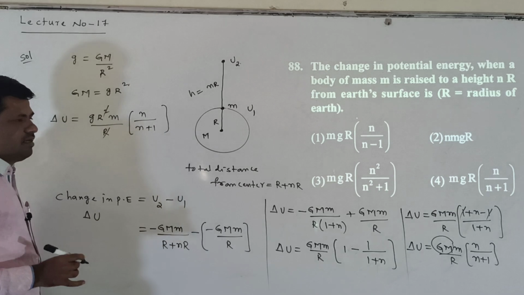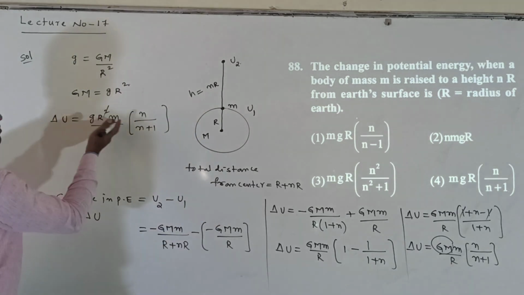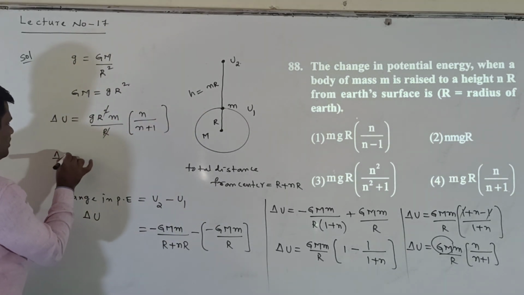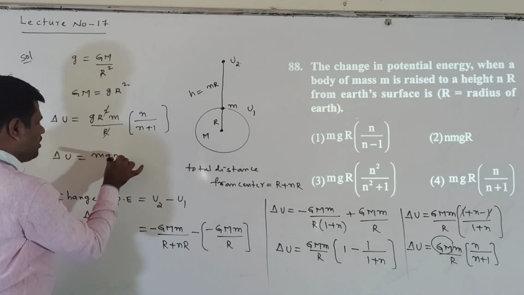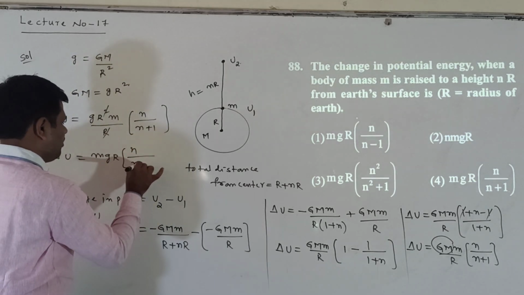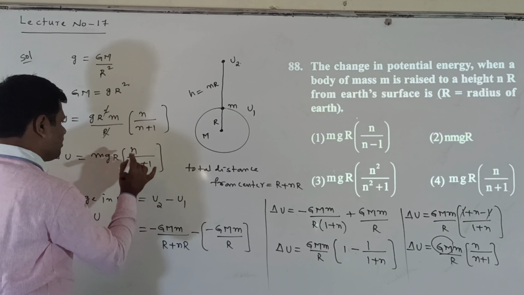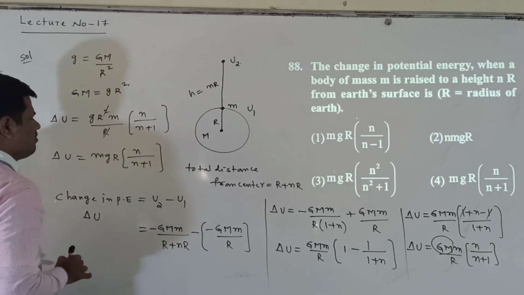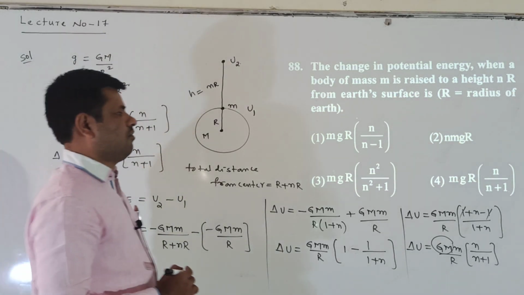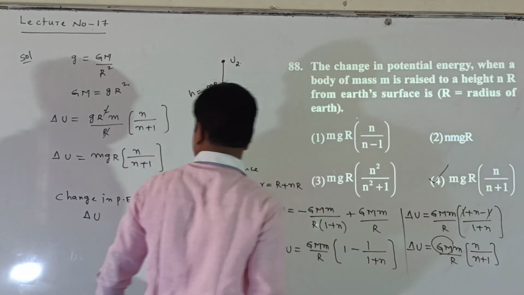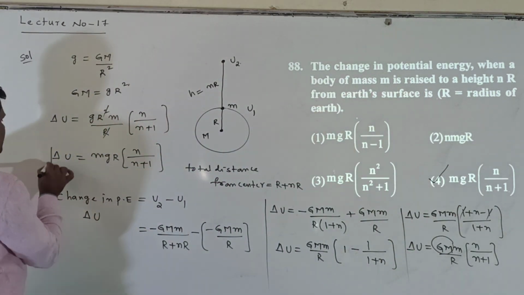Here R gets cancelled. Remaining is mgR. So delta U is equal to mgR into n by (n plus 1). Which option is correct here? The fourth option is correct. This is the change in potential energy.